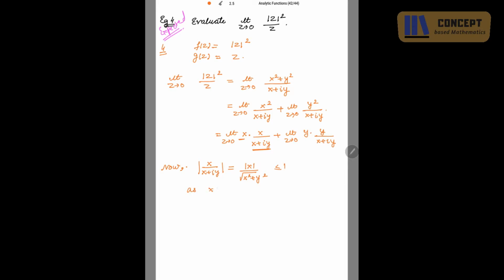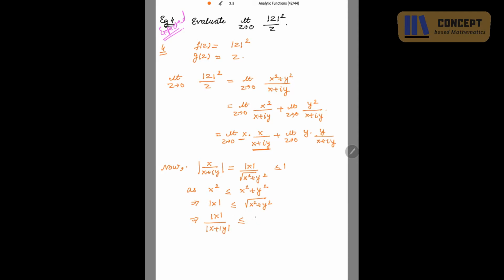As we have done in earlier classes, x square is less than or equal to x square plus y square, which implies mod of x is less than or equal to root of x square plus y square, which implies mod of x over, can I write root of x square plus y square as modulus of x plus iota y?